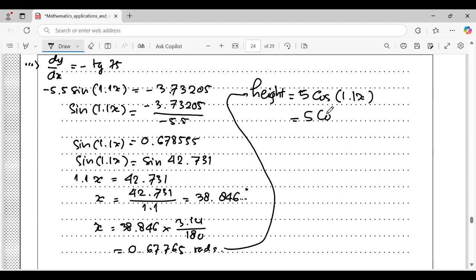So 5 cosine of 1.1 times this number, 38.846 degrees. So we can find the result is 3.672762. Rounded off, it becomes 3.67 meters. This is the result.